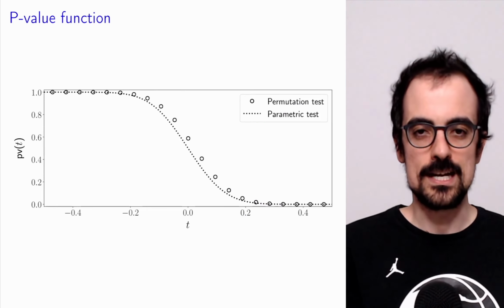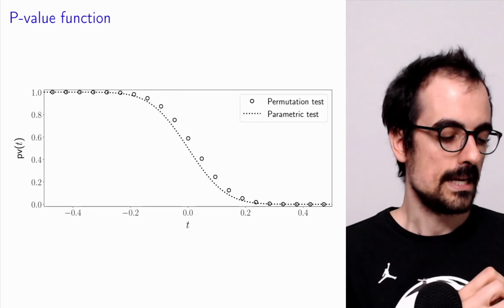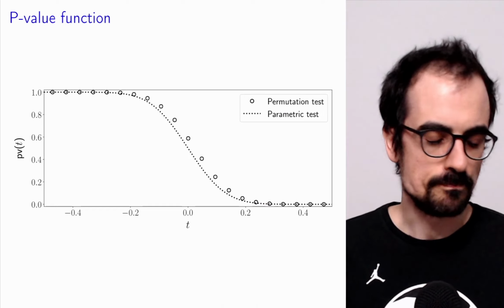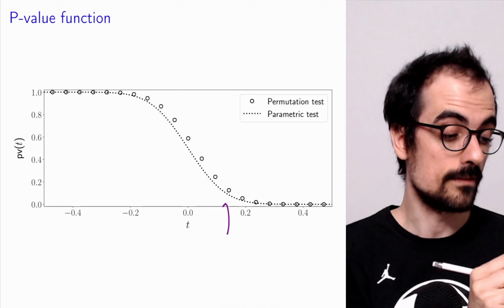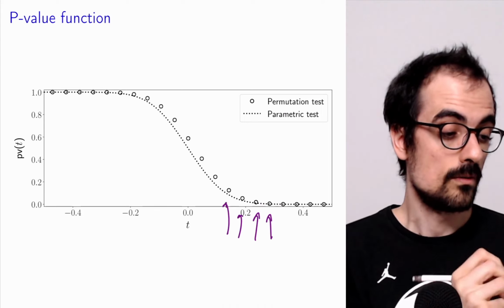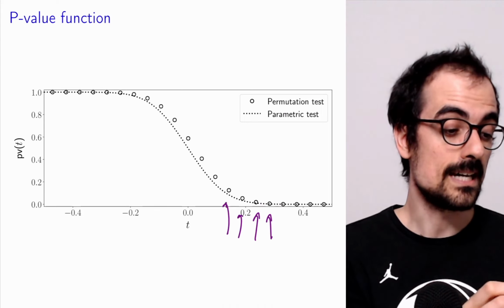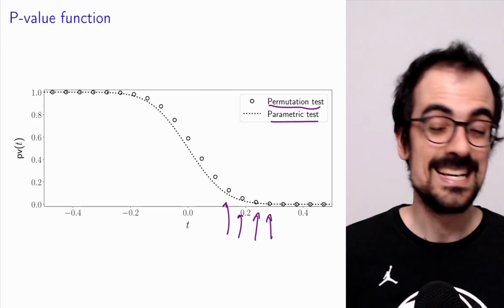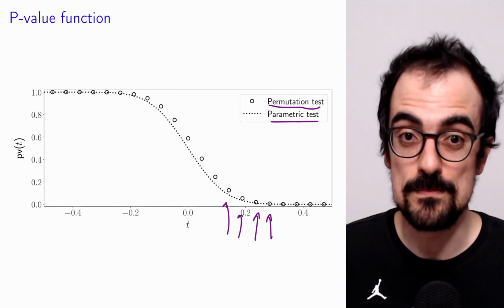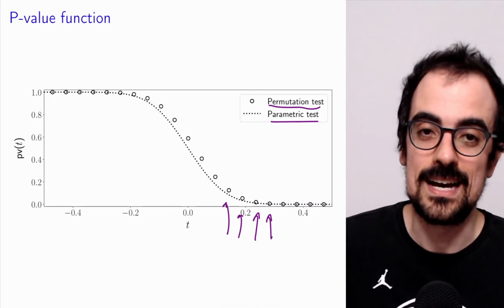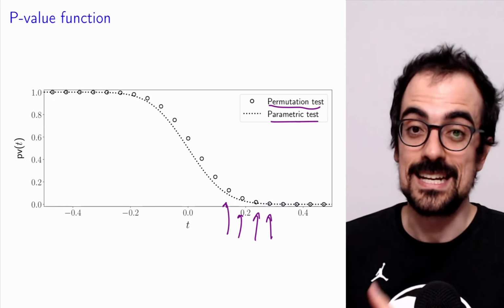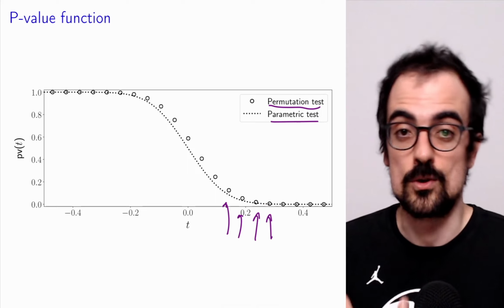When we look at the p-value function, which tells us the p-value corresponding to different values of the test statistic for this test, we actually see that the permutation test and the parametric test give us very similar p-values, even though in the permutation test we didn't have to design explicitly a parametric test for the test statistic.